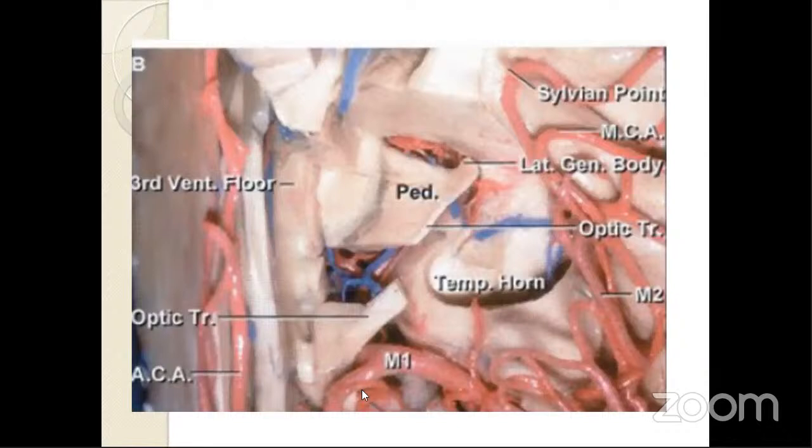This is an enlarged view of the M1 segment, the first segment of the MCA, that is arising lateral to the optic chiasm, and it is going further laterally in the Sylvian fissure.